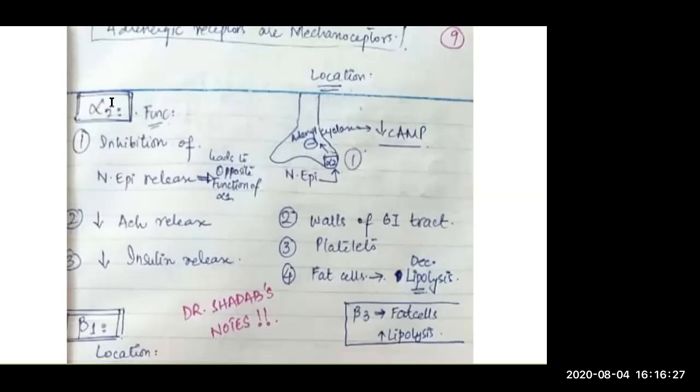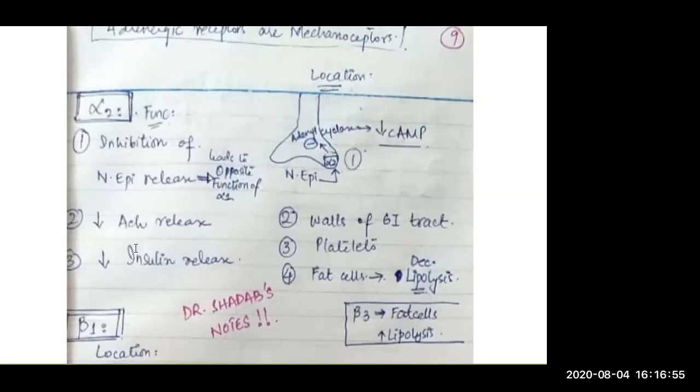And when you are in fight or flight mode, your food does not want to get digested; it just wants to stay in its place. At that level, this alpha 2 also helps in inhibiting the process by decreasing the acetylcholine release. So this is the mechanism.